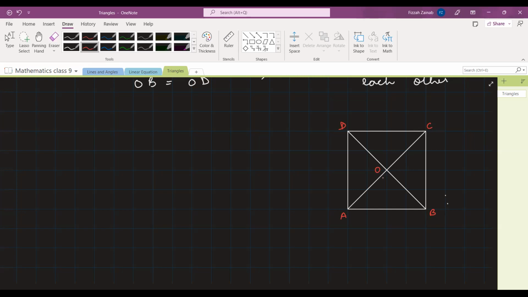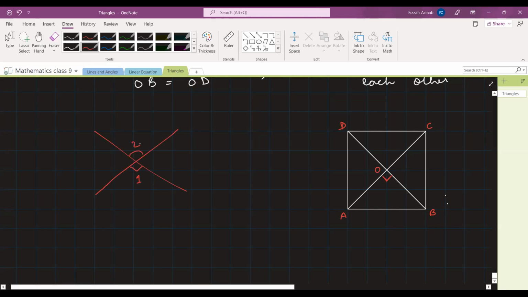So let us try to show that one of the angles, let's say this is 90 degrees. See, now look here. This is an X, correct? If I show that this angle, let's say this is 1, if angle 1 is 90, obviously angle 2 will be 90. Is that clear? Vertically opposite, right? Okay.